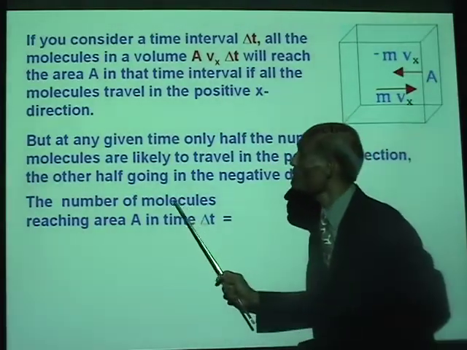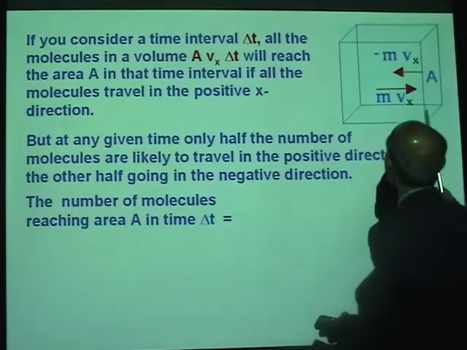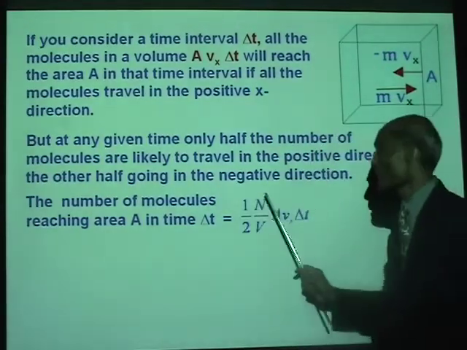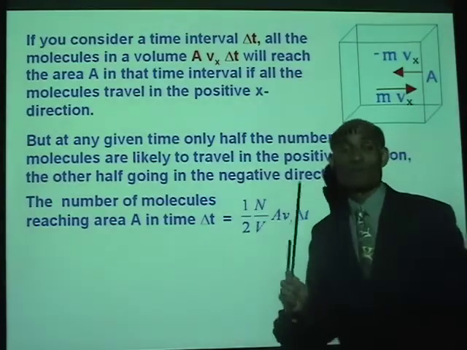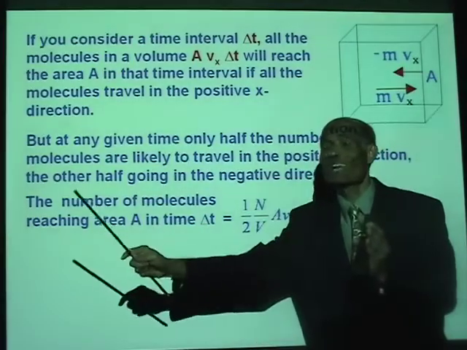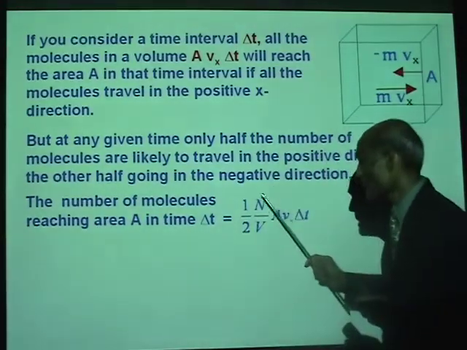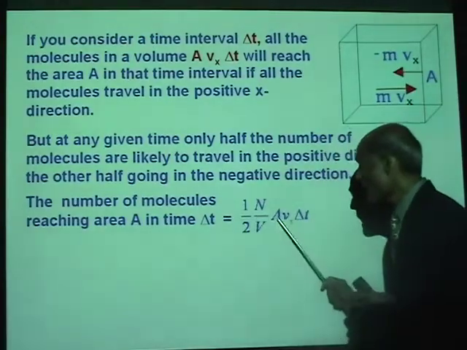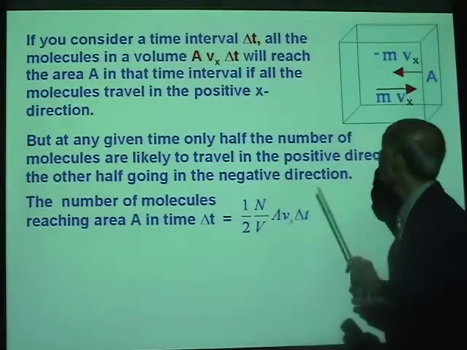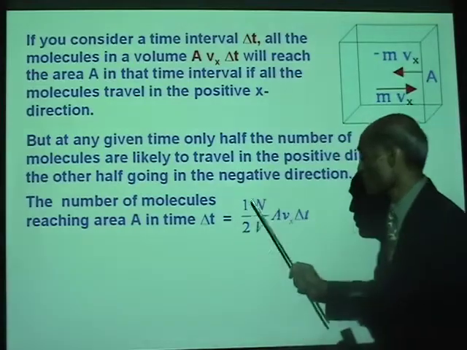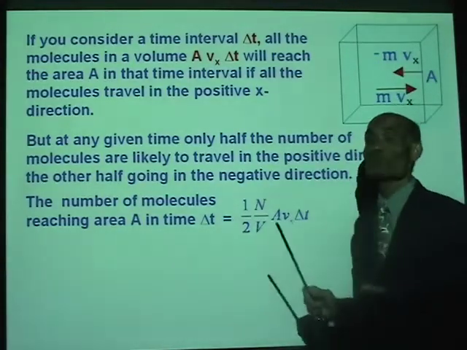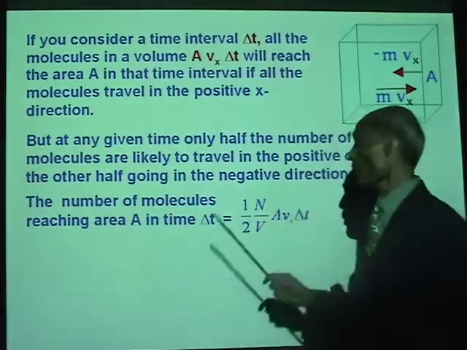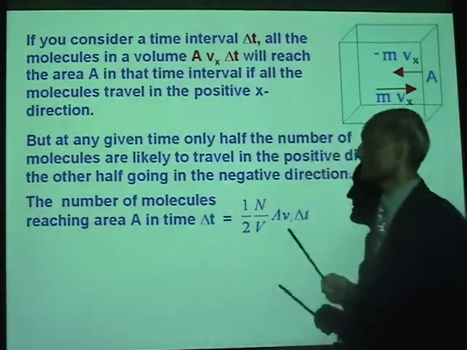So, what is the total number of molecules reaching that area A in that time delta t? Look at this. 1/2. Why 1/2? Because only 1/2 of the molecules are likely to travel in the positive x direction. N over V is the number of molecules per unit volume. And A Vx delta t is the volume there. So this is the total number of molecules that are likely to reach that wall in that time delta t.